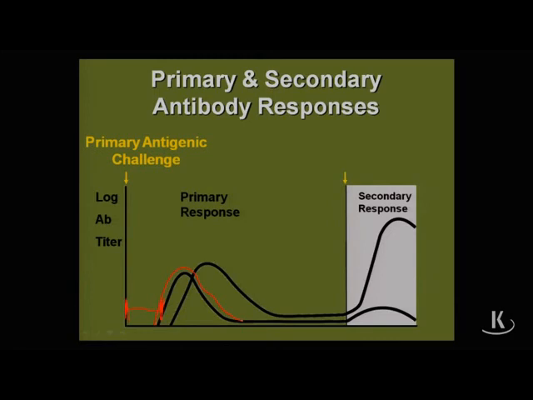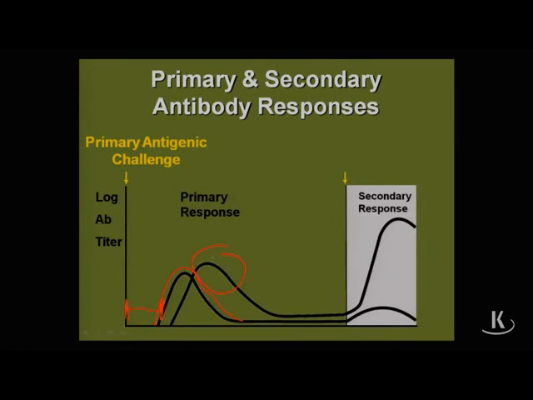Let's just use the lymph node for example. Within a lymph node, once you start really getting good interaction, you're going to start to make a germinal center, and that's where we're going to get class switching. So eventually, we're going to switch over and start making some IgG. Okay? That occurs a little bit later during the primary immune response.